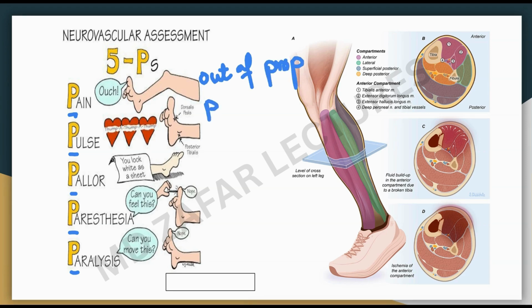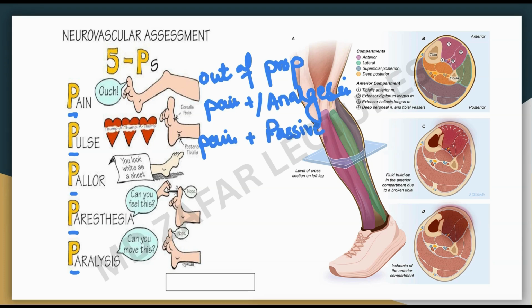Pain will be there even after you have given them analgesia, and pain will be positive on passive stretch. So these are the 3 giveaways: if any one of these is present regarding the pain after a fracture, then you will definitely suspect compartment syndrome.